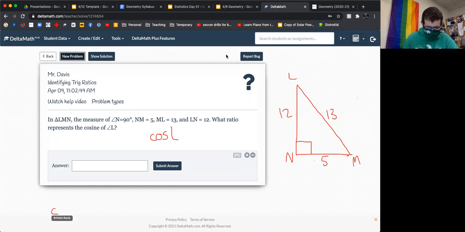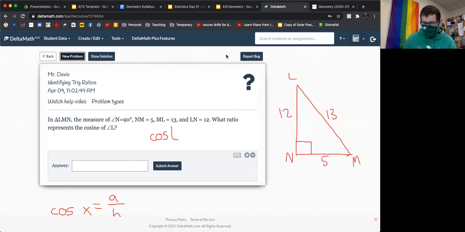If we're finding the cosine of any angle, what is that ratio for cosine? Perfect. Thank you. Adjacent over hypotenuse. Let's label our sides. My reference angle here is what? M, N, or L?